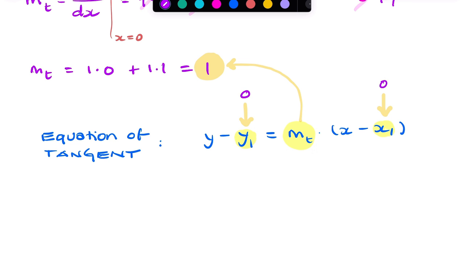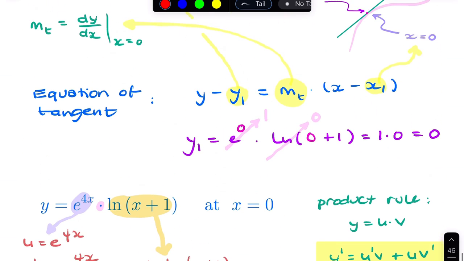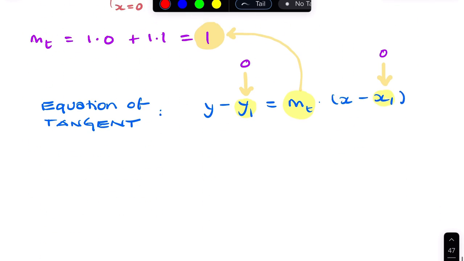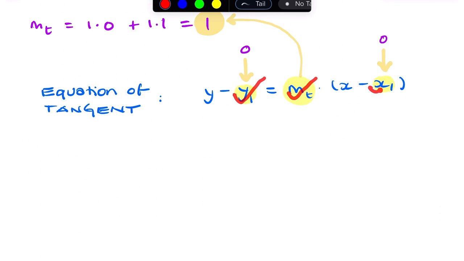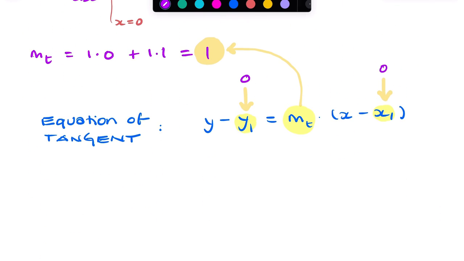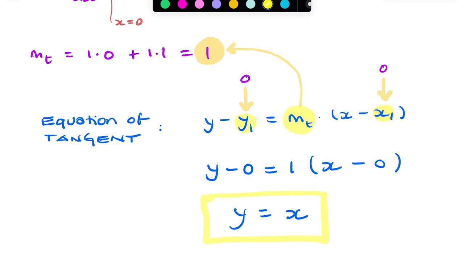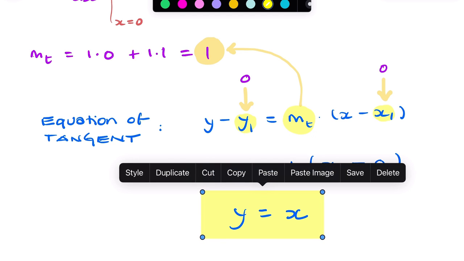That was given in the question, and we calculated it up here. So now we know these three things. We can write the equation of the tangent: y minus 0 equals 1 times (x minus 0). So that means y equals x. And that is the equation of the tangent, and that would be your final answer.